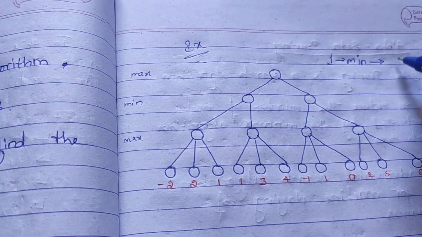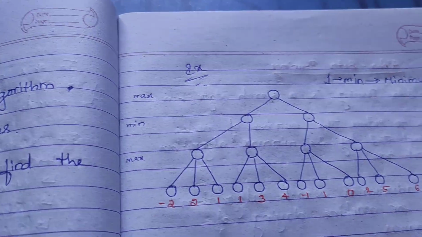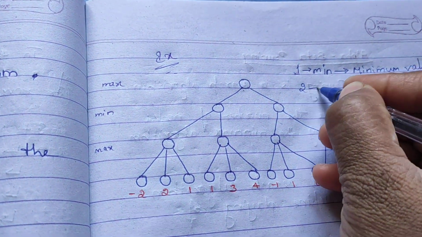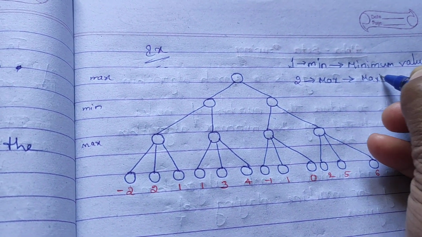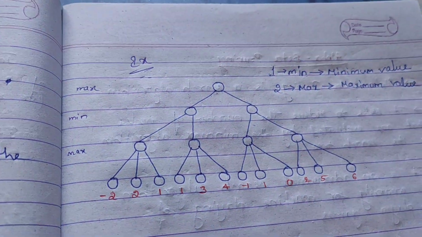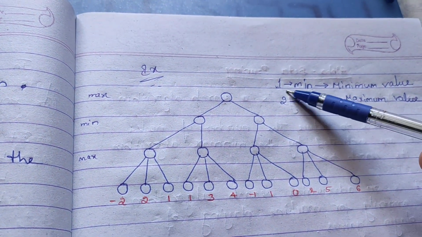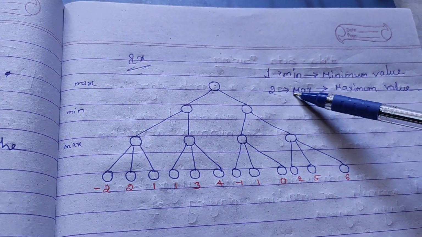The second player let us take as max, that is nothing but the maximum value. Understood what I said? Two players we have to assign. The first player is min and the second player is max.